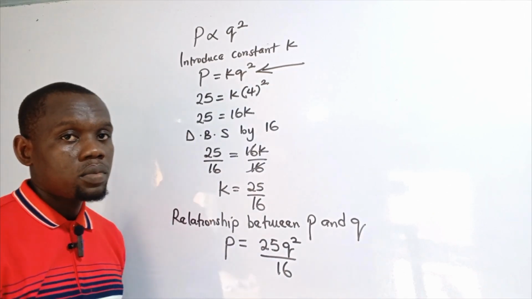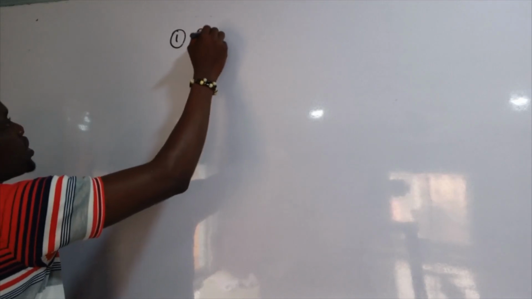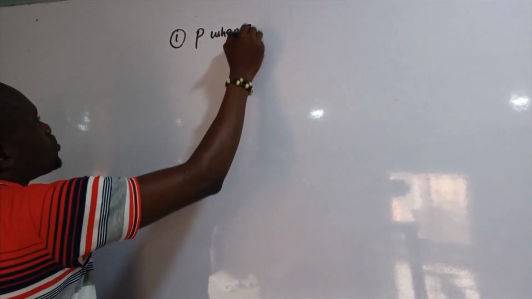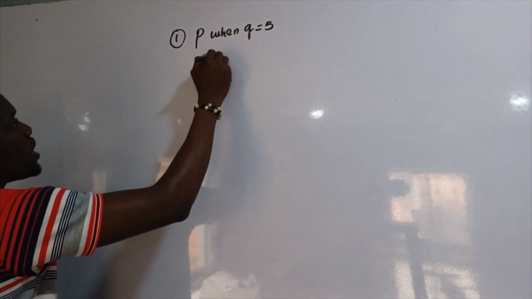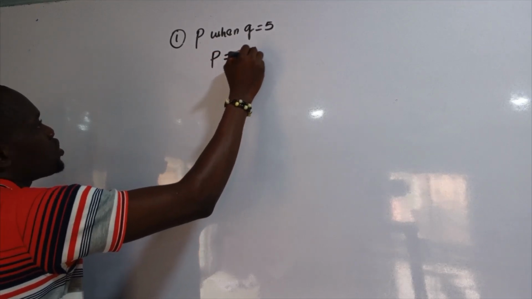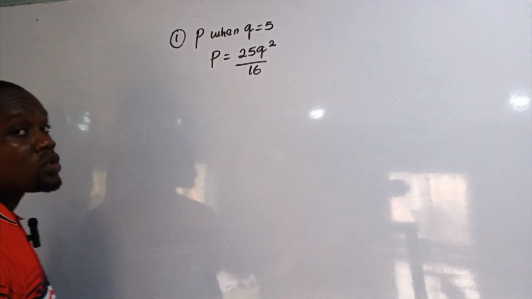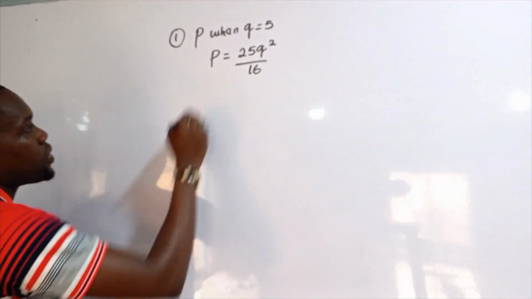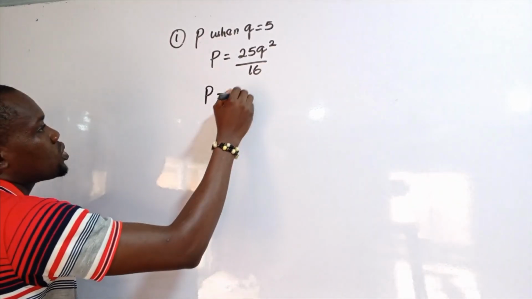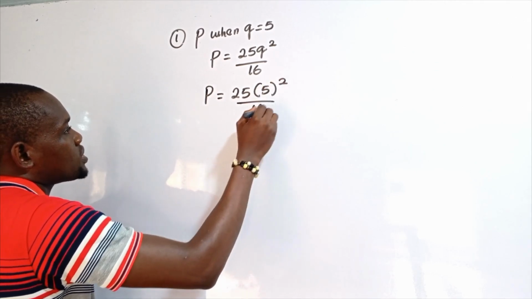Likewise, question number 2. Let us look at the first question. We're told to find the value of P when Q is equal to 5. And from our relationship, we have it that P is equal to 25Q squared over 16. So by the time we substitute the value of 5 for Q in the expression, we are going to have P is equal to 25 multiplied by 5 squared over 16.